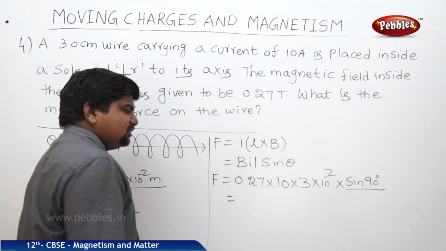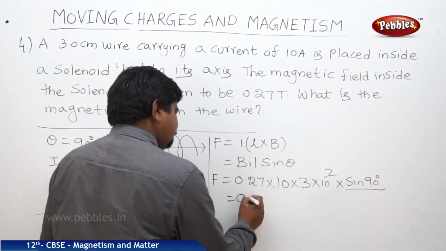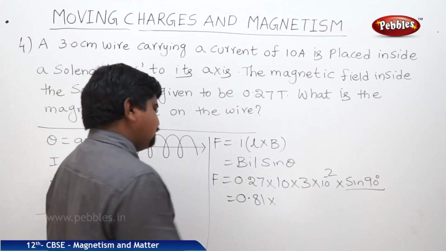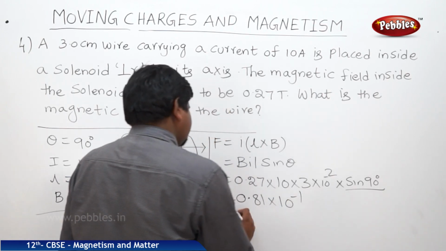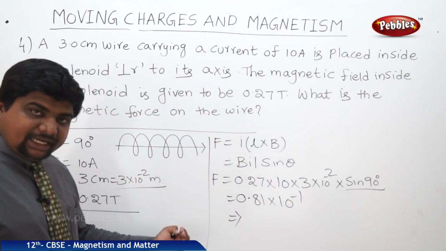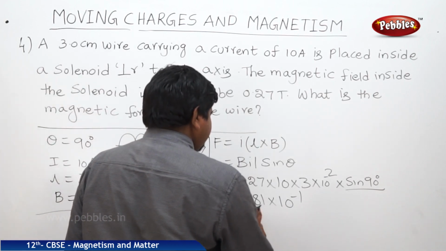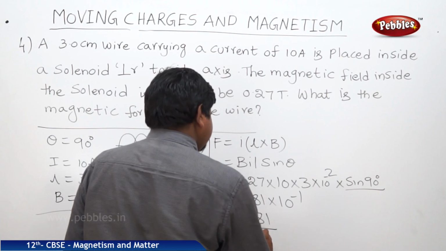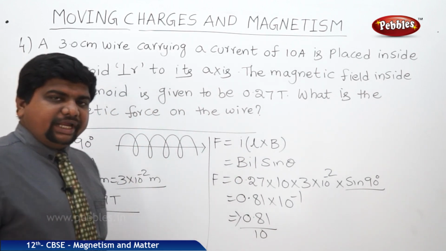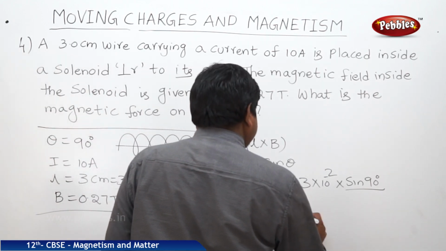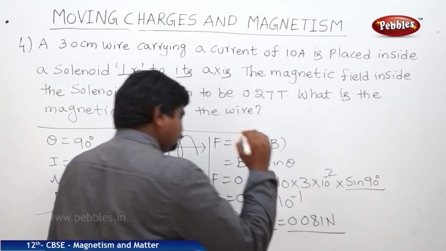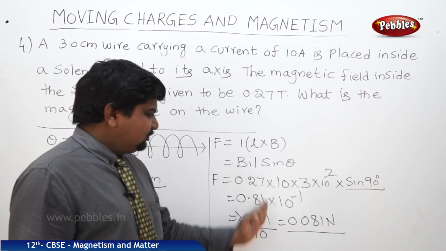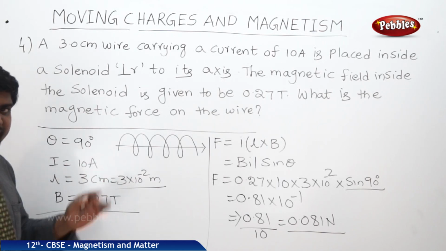So it will be 0.27 into 3, 0.81, into 10 into 10 to the power of minus 2, which is 10 to the power of minus 1. So 0.81 by 10 is 0.081. This might be the force when the angle and dimensions are like this.